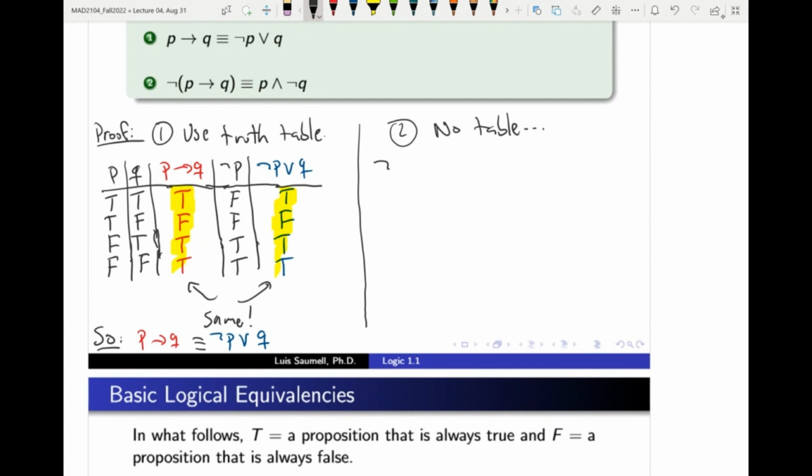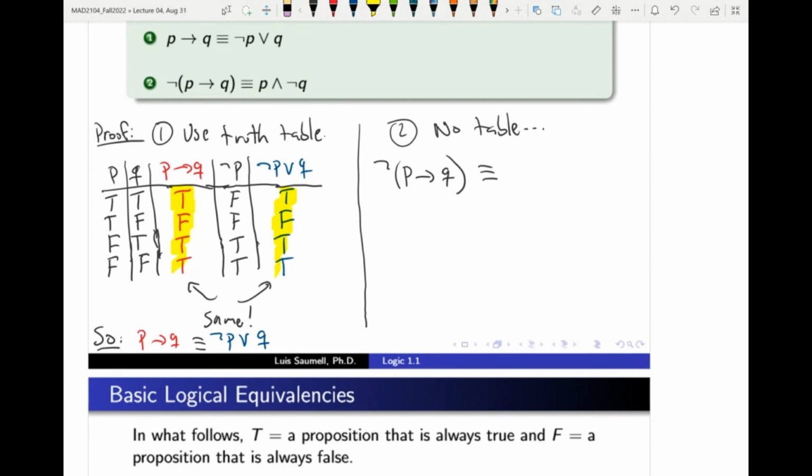All right, so I'm going to start with the left side, just because we can use what we just learned. My goal is to write a sequence of equivalencies, and hopefully at the end I will end up with this. This is what I want. If we can do this, then we're done. Okay, so let's see.